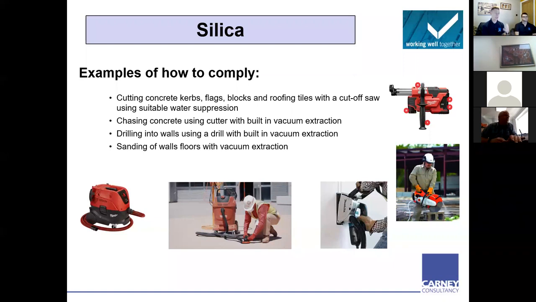But when it comes to electrical equipment, as you can see there, so chasing concrete or drilling into walls, we need to be using on-tool extraction. These can come in all shapes and sizes. Hilti have done a lot of research, and there are others on the market, obviously, but Hilti seem to be leading the way when it comes to on-tool extraction, that's for sure.